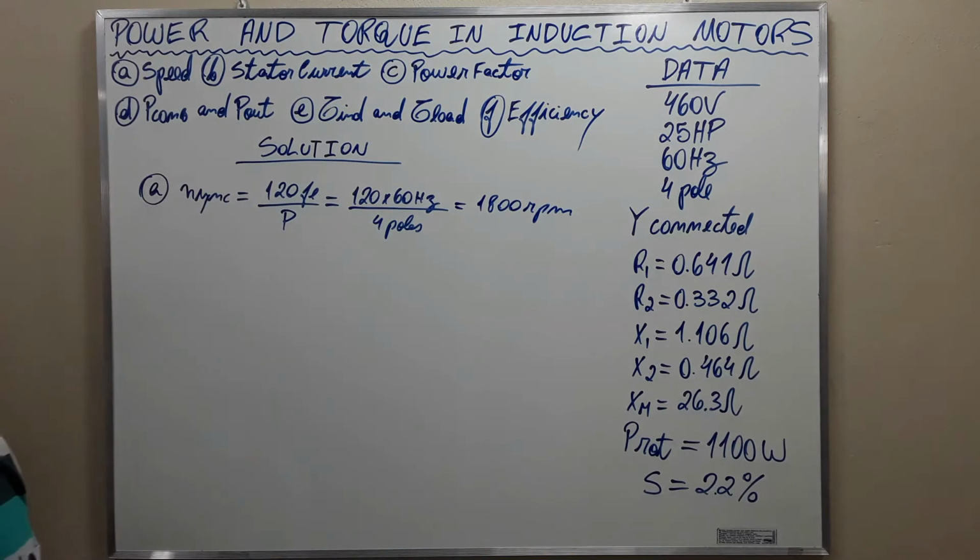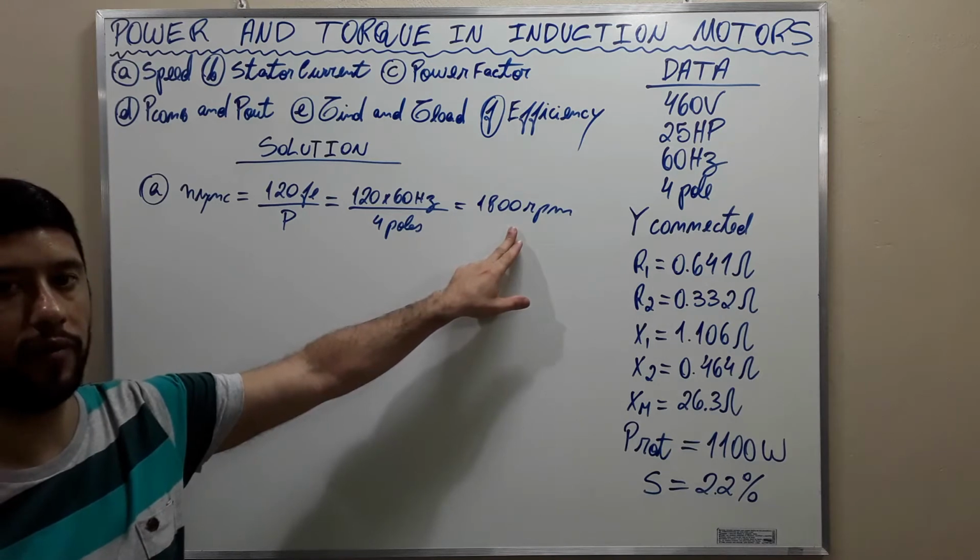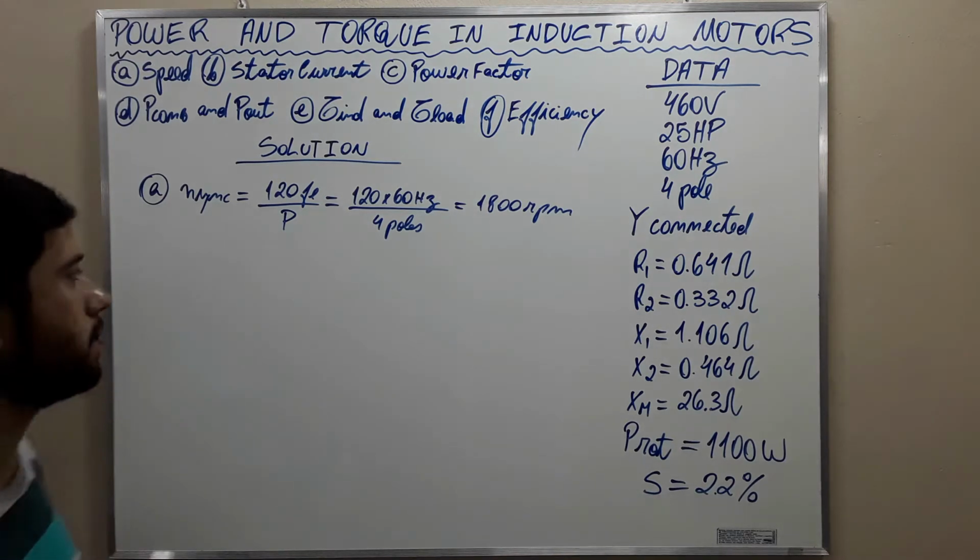And the result is 1800 RPM. We can convert this number to radians per second. Let's do it.